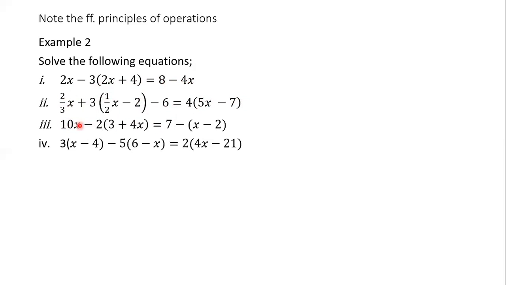III: 10x equal to 2 into bracket 3 plus 4x bracket closes equal to 7 minus into bracket x minus 2 bracket closes. IV: 3 into bracket x minus 4 bracket closes minus 5 into bracket 6 minus x bracket closes equal to 2 into bracket 4x minus 21 bracket closes. So let's see how to solve them.